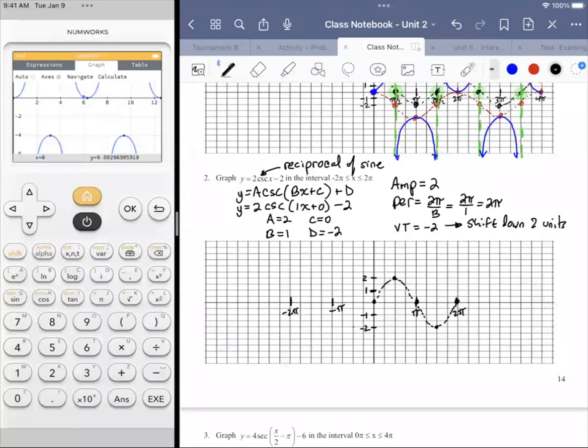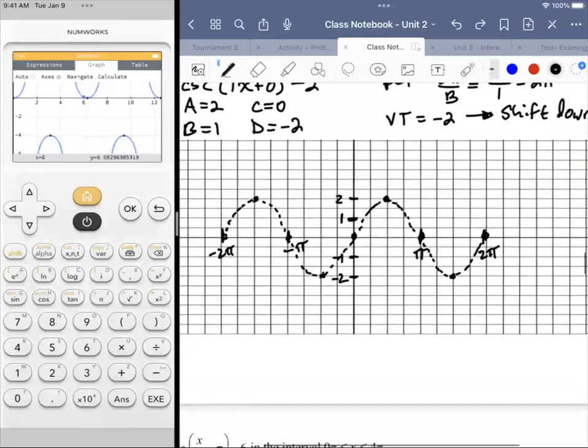All right. So following the trend, I got a full sine wave here, 2 full sine waves. Now I'm shifting every point down 2 units. All right. Now, because I scaled it so that 2 units is 4 boxes, every point has to go down 4 boxes.